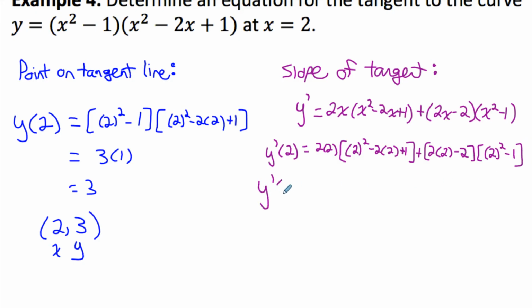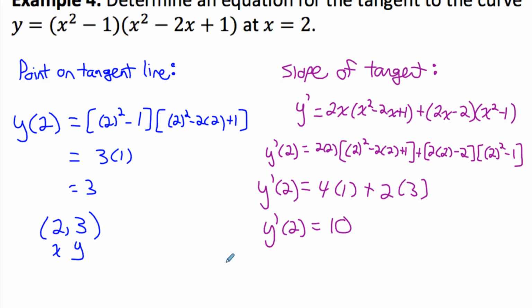Okay, let's evaluate this. I'd get 4 times 1 plus 2 times 3. Y prime at 2 would equal 4 plus 6. That's 10. That tells us the slope of the tangent at an x value of 2 is 10.